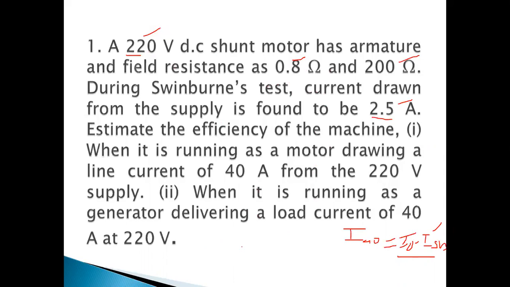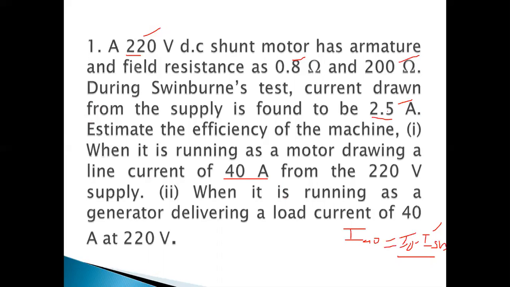Later, we have to find the copper losses at a particular load. The line current is 40 amperes. Then ISH is equal to 220 by 200, which is subtracted from the 40 amperes.